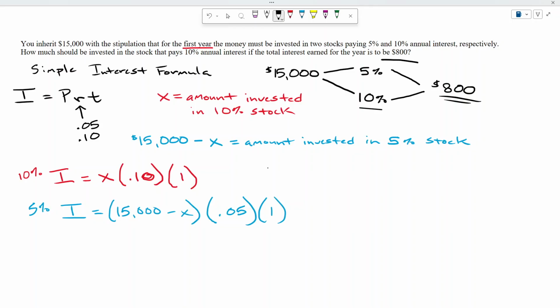And then between these two, this is where we get the 800, which is our I.